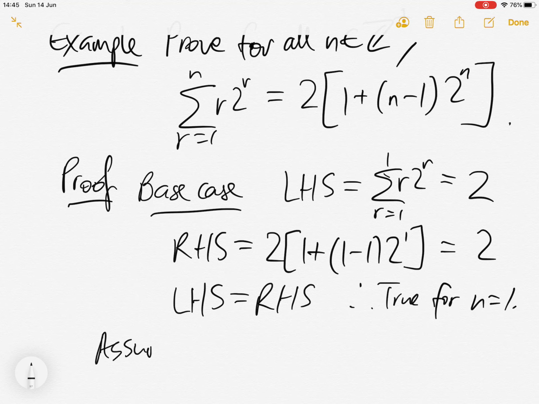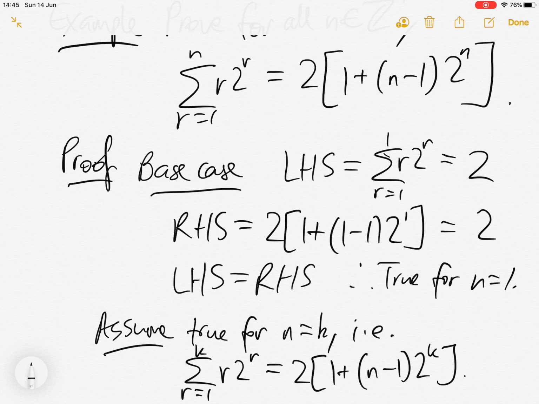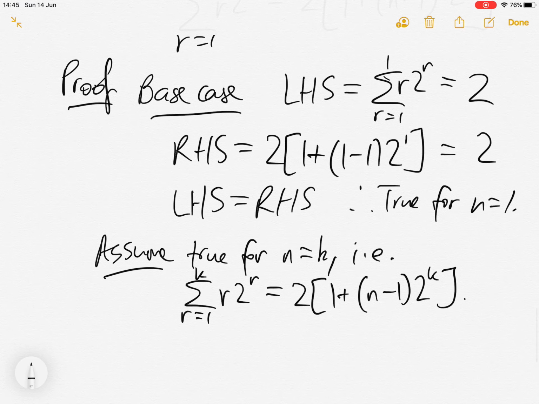And then we'll assume the statement is true for n equals k, and we'll explicitly say what that means. That means we're assuming the sum from r equals 1 to k of r times 2 to the r is 2 lots of 1 plus n minus 1, times 2 to the k. And then we'll do the induction step.